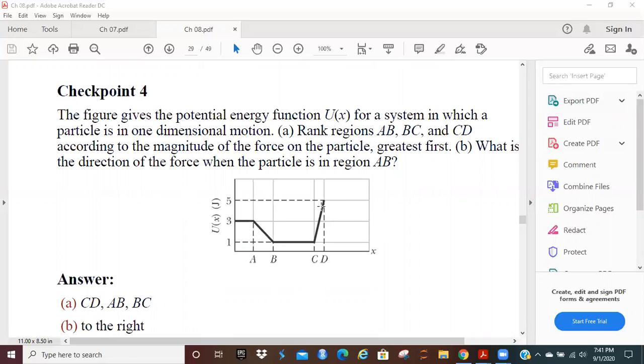Is that a pretty steep slope compared to what we see here and what we see here? Yes. We're just comparing the magnitude, not the direction. So the magnitude of this slope is going to be the greatest. That's why that answer ends up there at the front. How does this slope compare to the slope here?